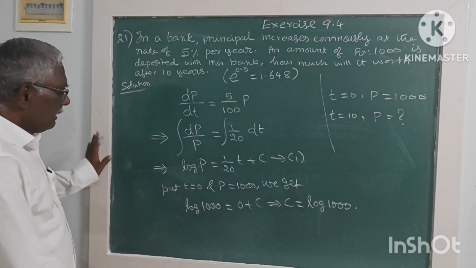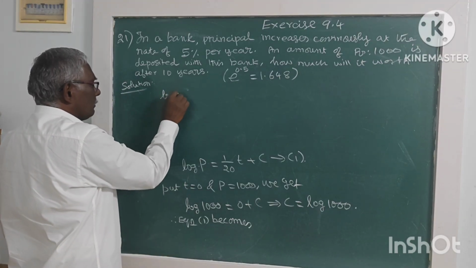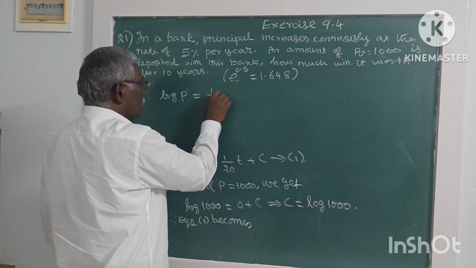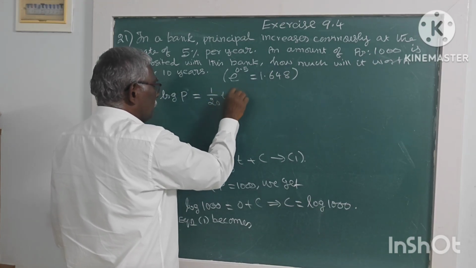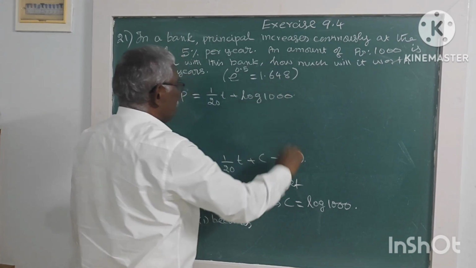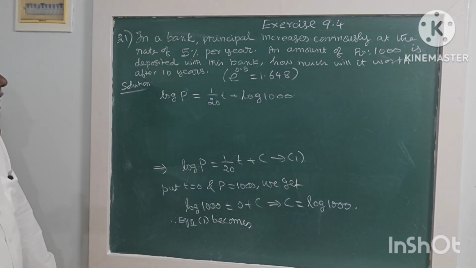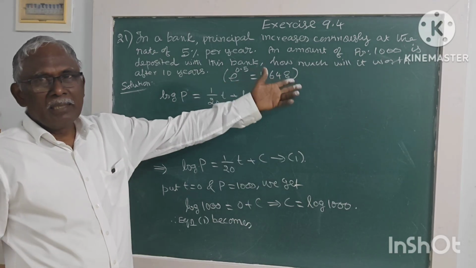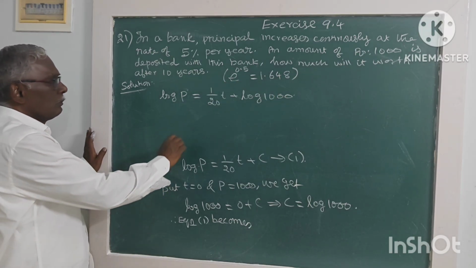Therefore equation 1 becomes log P minus log 1000 is equal to 1 by 20 T. Now we have to find the value of P when T is equal to 10.